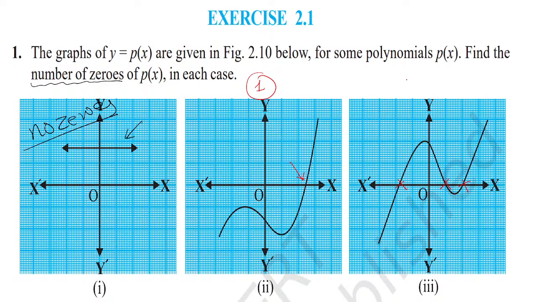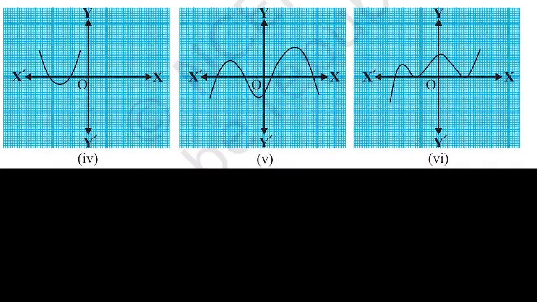So there are 3 zeros. In the next question, the graph is cutting the x-axis at 2 points, 1 and 2, so the number of zeros is 2. Here it is 1, 2, 3, 4, so the number of zeros is 4. And here 1, 2 and 3, so the number of zeros is 3.